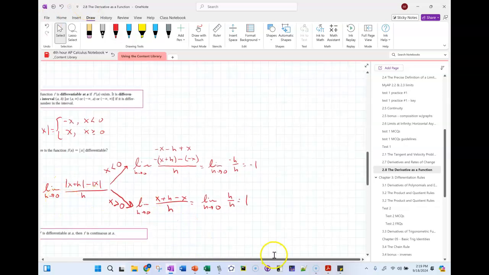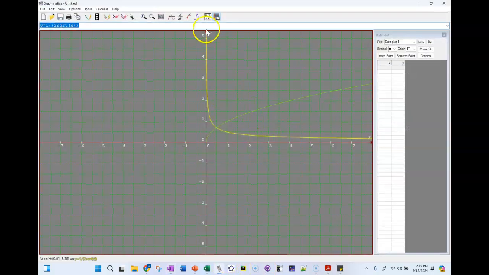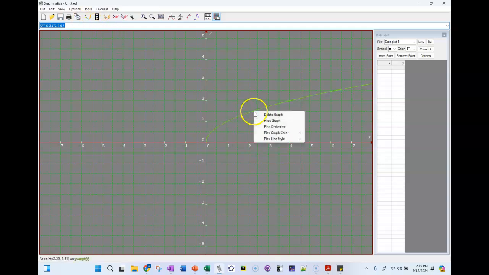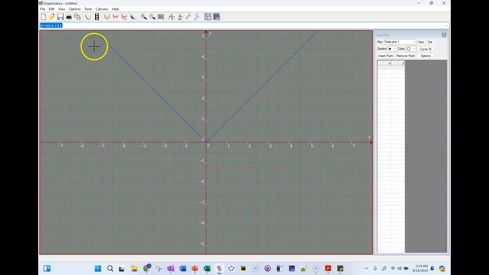Let's look at the graph of the absolute value of x and see if we notice anything going on. So if I look at this, what's the slope? Here is -1, and then it changes to +1.